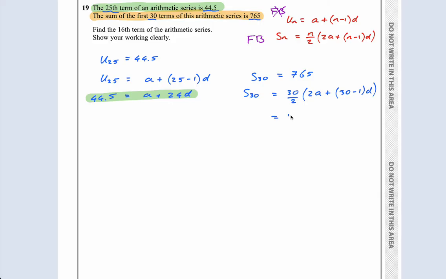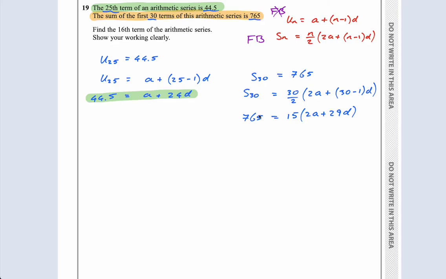This is equal to 15 times 2a plus 29d. And this is equal to 765. Now, this is my second equation.